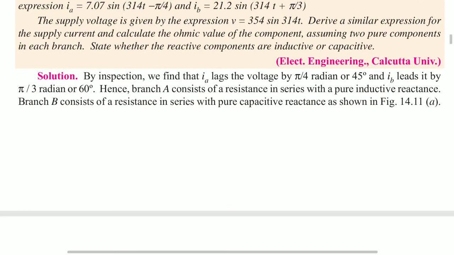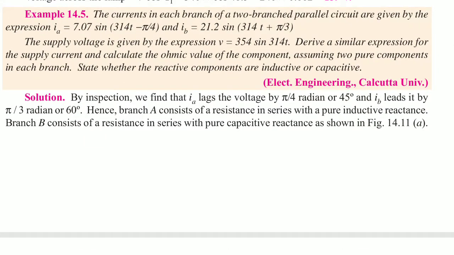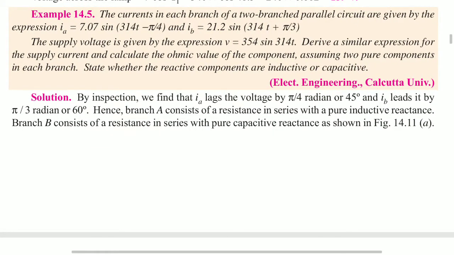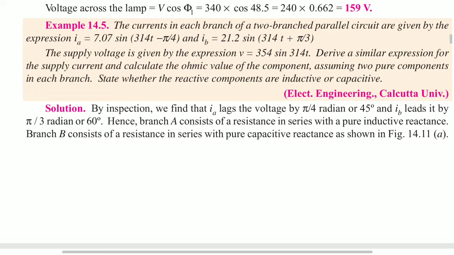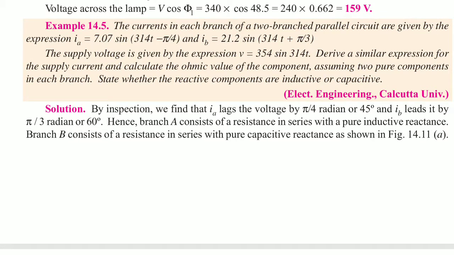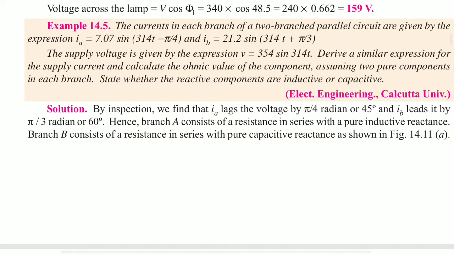So we are getting some information from this equation. Now IB leads the voltage by pi by 3 radians or 60 degrees. So IB has plus pi by 3, which means it is leading. There the capacitor is existing.